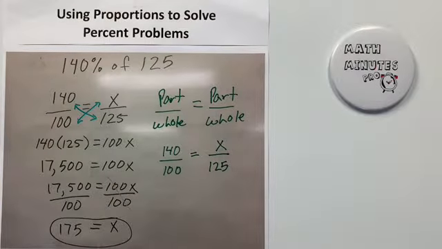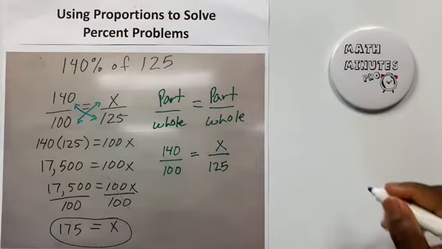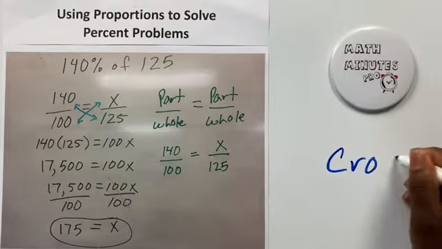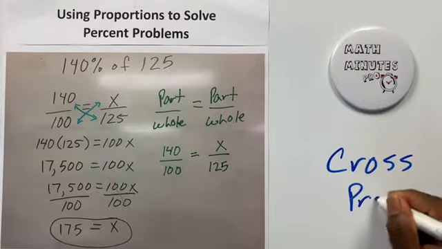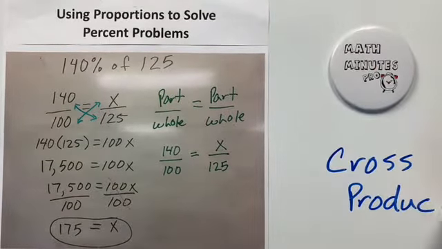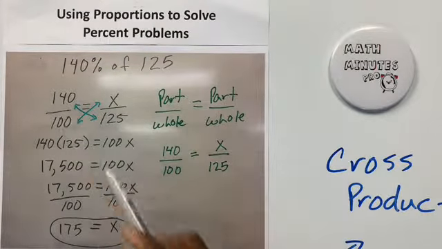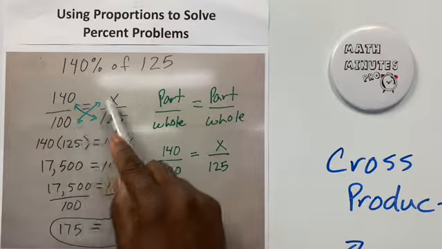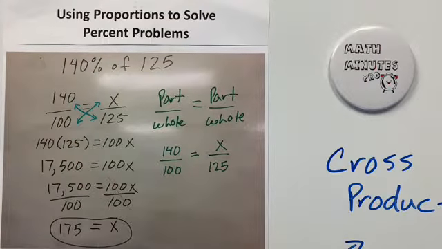So now that we have the proportion written, the strategy that we're going to use is called cross product. That is our strategy. The cross product simply means you have this X with the arrows drawn here.